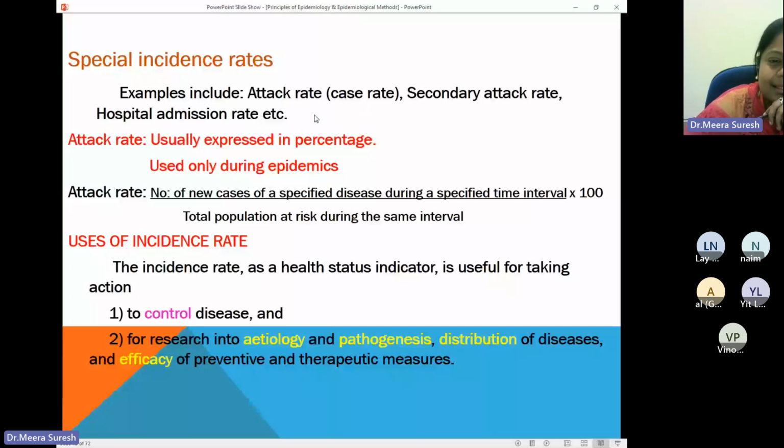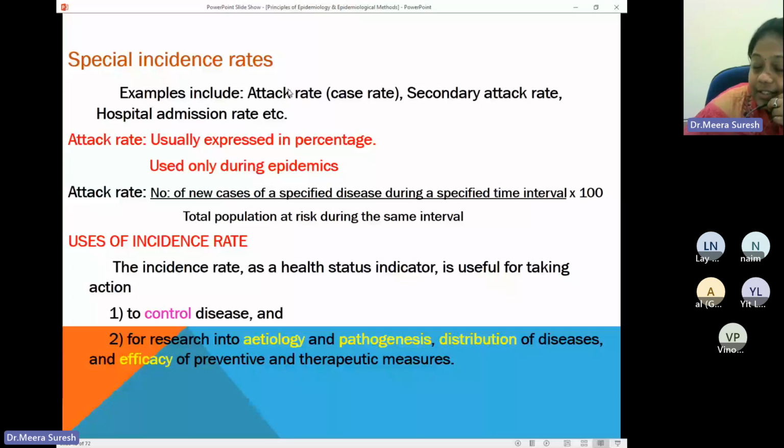I'm not going into those details, incidence density, etc. In the case of attack rate, this is expressed in percentage: the number of new cases of a specified disease during a specified interval of time divided by the total population at risk during the same interval, into 100. I already told you I'm not going to ask you all these formulas, don't worry about it, but you need to understand what these terms mean.